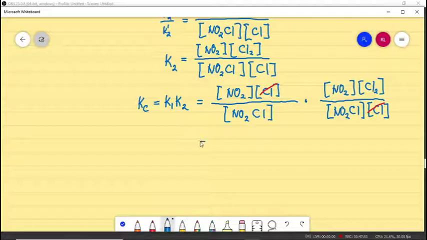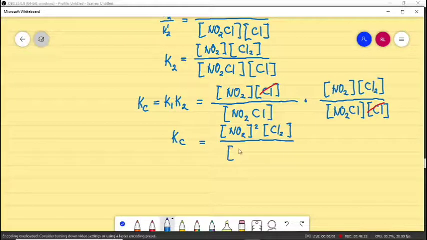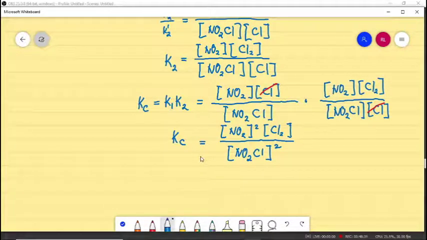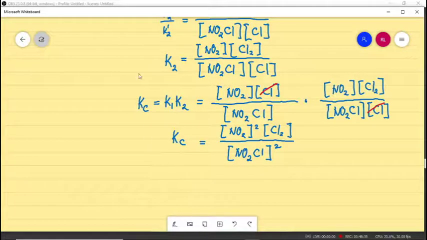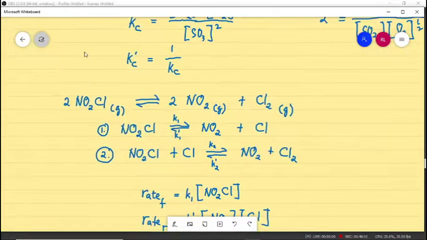Okay. So we have here, okay. Notice that this expression will be derived if we write the equilibrium expression of the overall reaction.